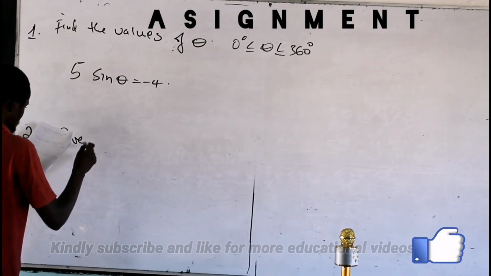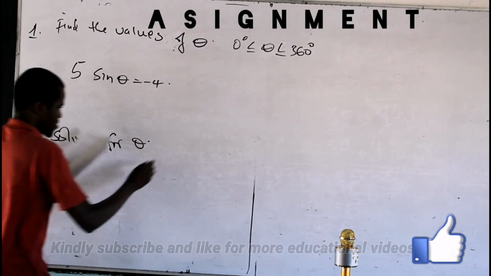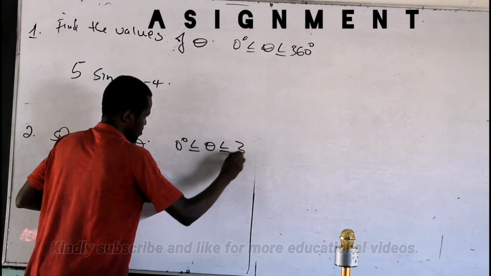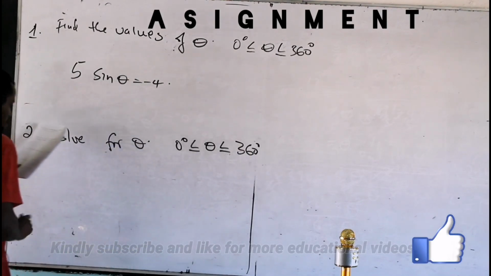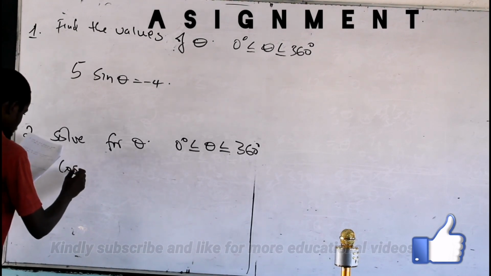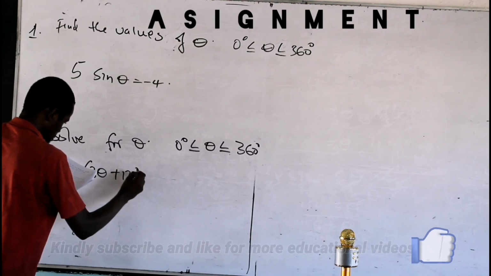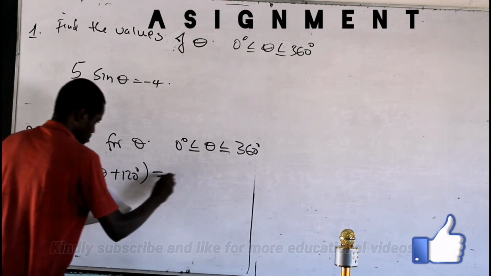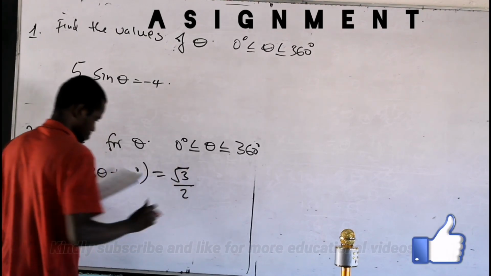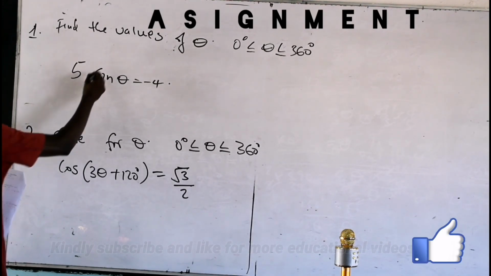Then the second question, you will also solve for theta. The range is again 0 less or equal to theta less or equal to 360, and the problem is cos of (3 theta plus 120 degrees) equals root 3 over 2.